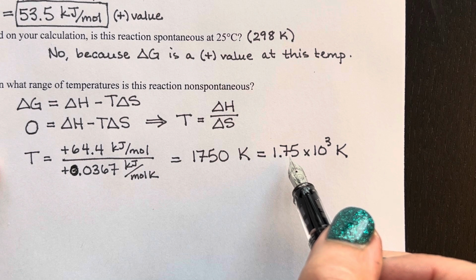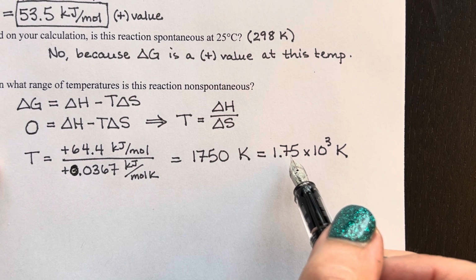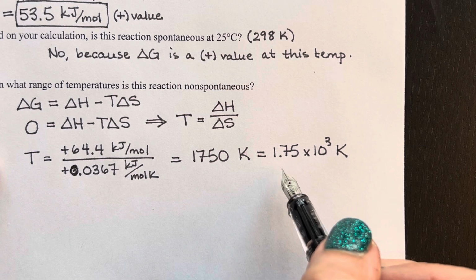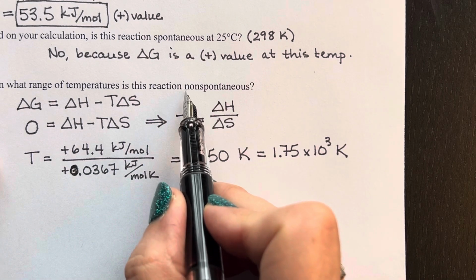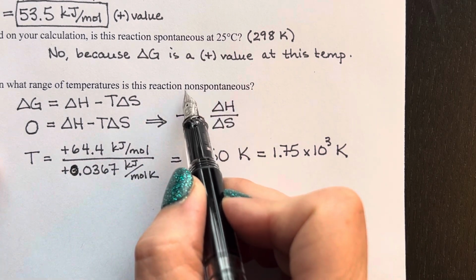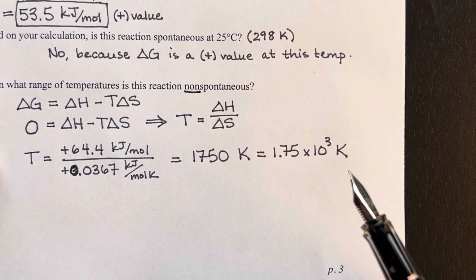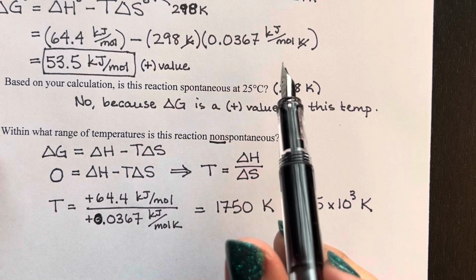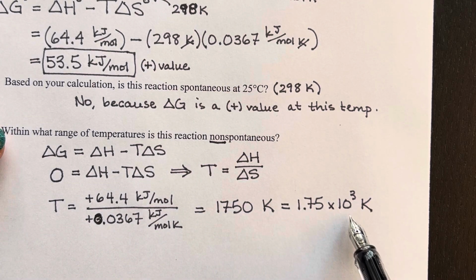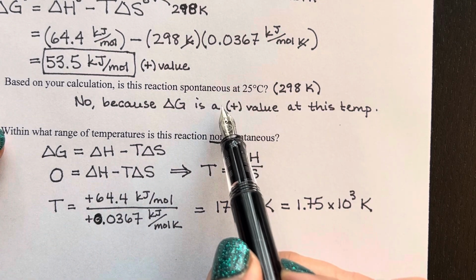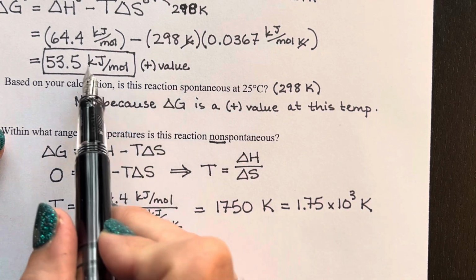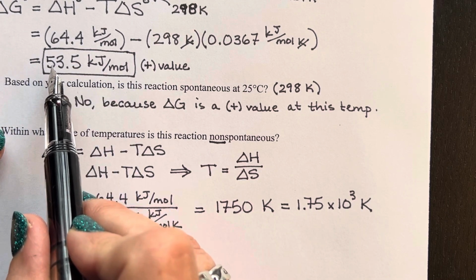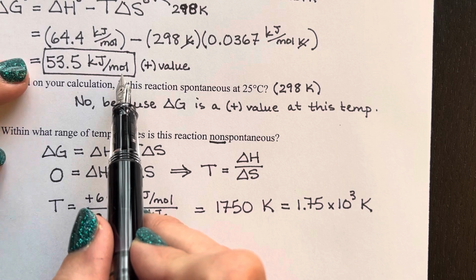And is it at temperatures that are greater than this or temperatures that are less than this when it is non-spontaneous? Okay, non-spontaneous. Notice that at a temperature lower than this, we got a non-spontaneous answer. The delta G was positive 53.5 kilojoules per mole.